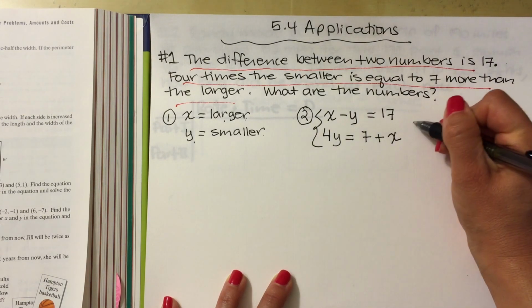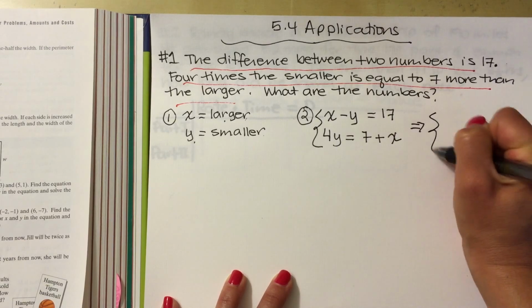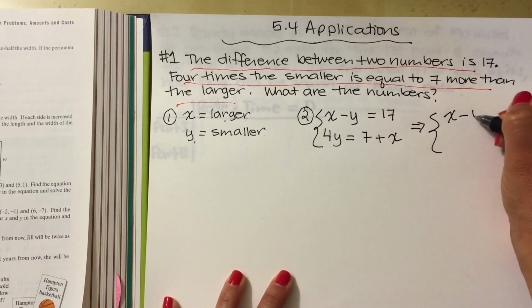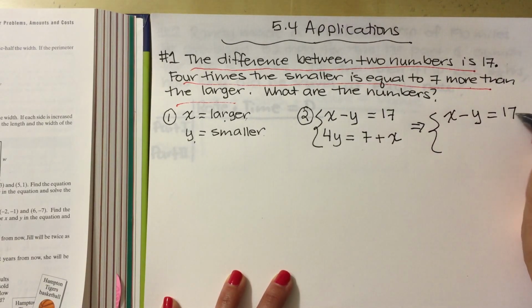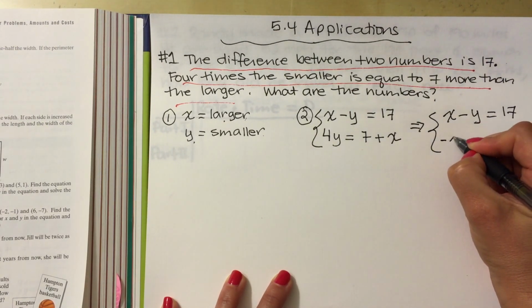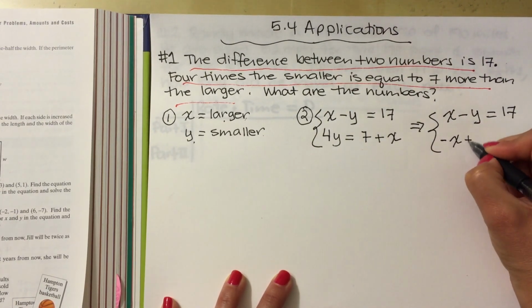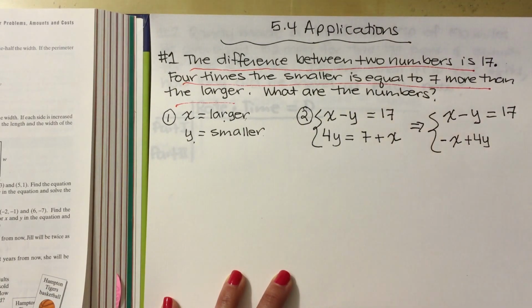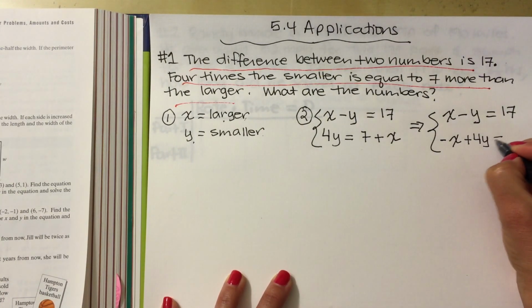So all we're going to do is, again, leave the first equation and then subtract x, which gives me negative x plus 4y is equal to 7.